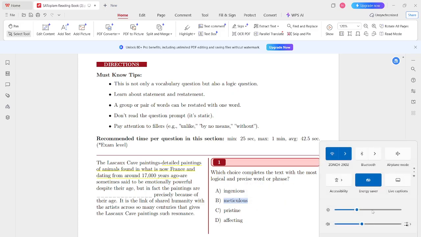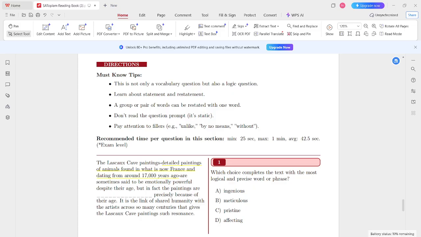So it is not the word we are looking for. And then pristine. Pristine usually means something that is fresh, something that is new. And it does not mean emotionally powerful either. Even if you put the word here, the text does not make sense.